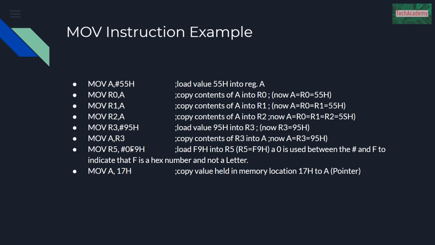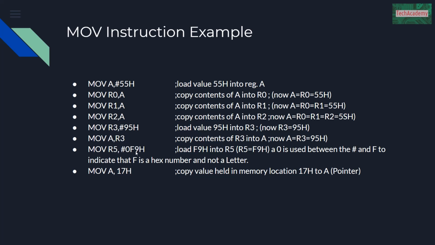Then we should prefix 0 before that character to indicate to the assembler that this is a hexadecimal number and not an ordinary letter. Nowadays, in recent assemblers we don't even have to write this 0, we can directly write F9, but some assemblers still need this kind of indication to show that this is a hexadecimal number.